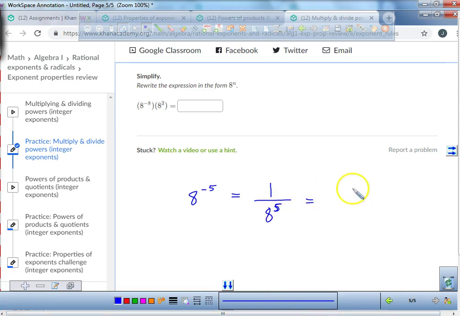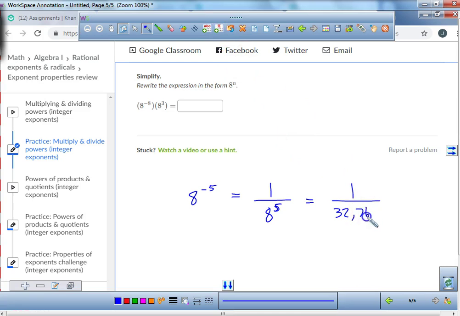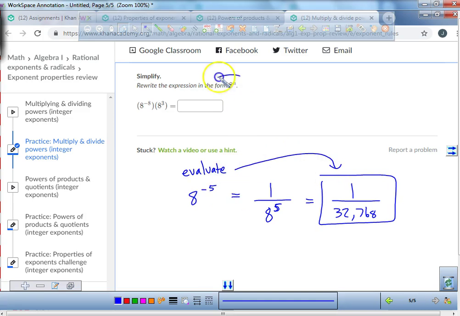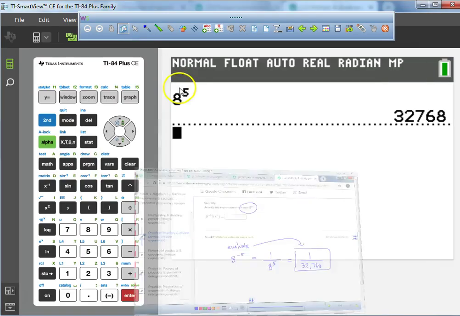So this would be 1 over 32,768. If I said evaluate this, this would be the answer. But it just says put it in the form of 8 to the power of n, so we're just going to write 8 to the power of negative 5.